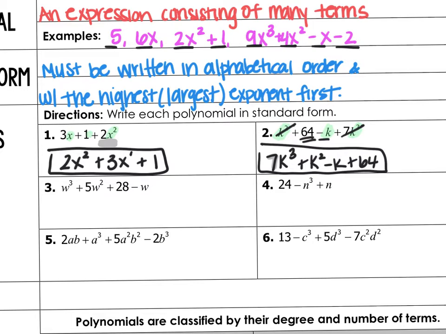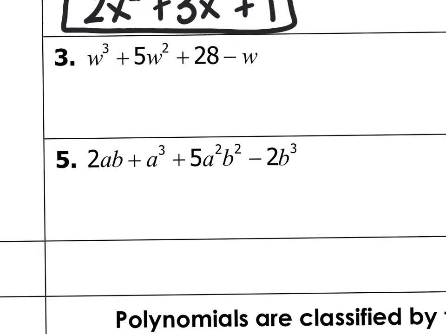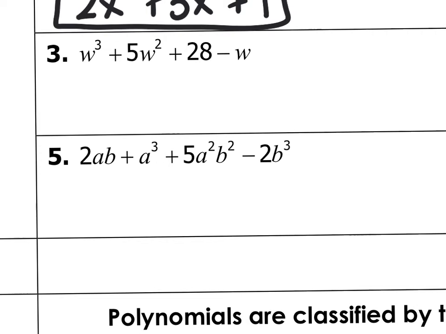All right, then we're going to do 5 together. So it says 2ab plus a cubed plus 5a squared b squared minus 2b cubed. So again, it should be written in alphabetical order. So the a has to come before that b. So with the a's, a cubed is the only one that's all by itself. So a cubed is going to come first.